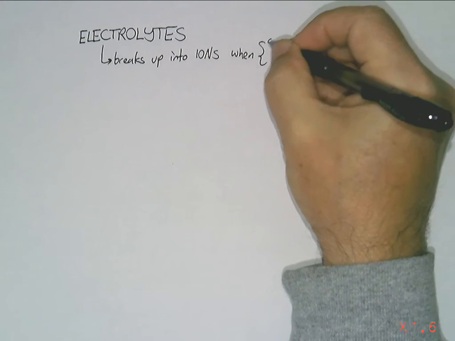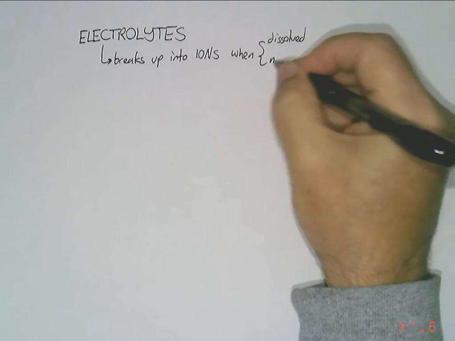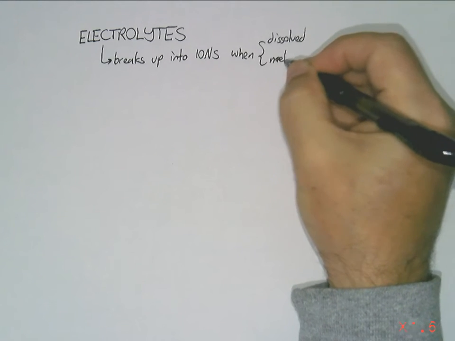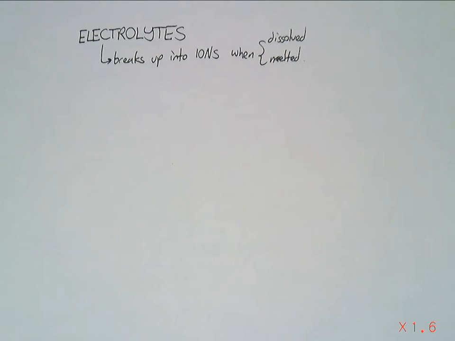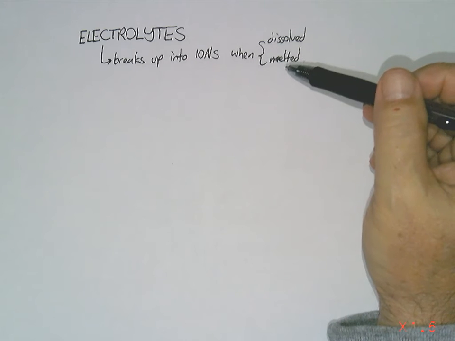Now it can happen either when they're dissolved or melted. So electrolytes have ions that can move around.